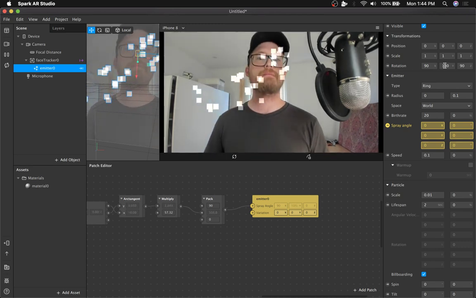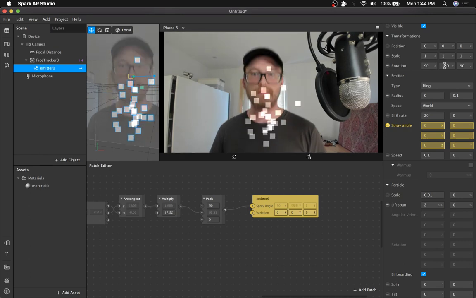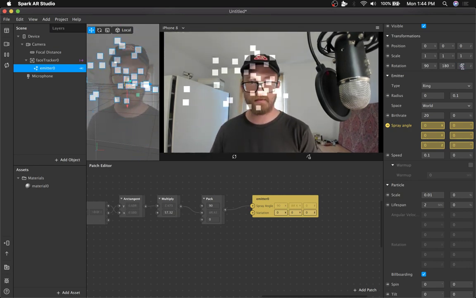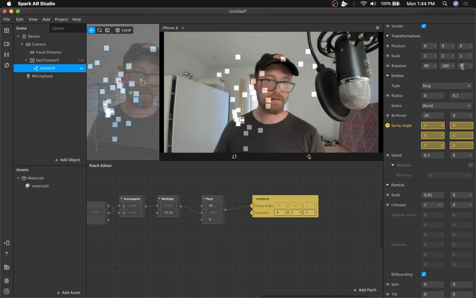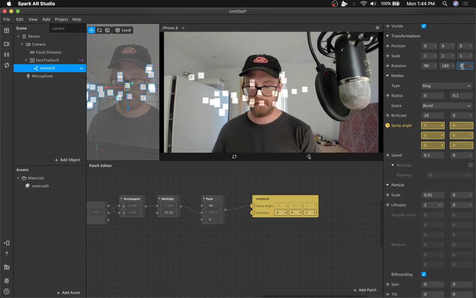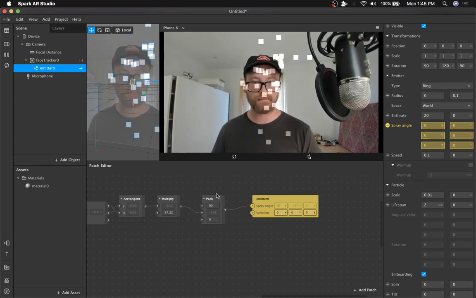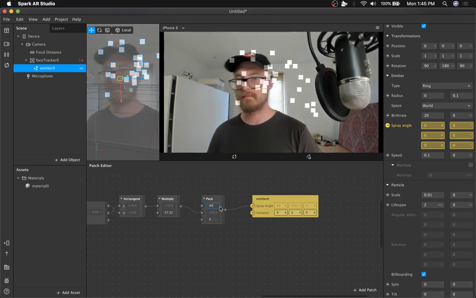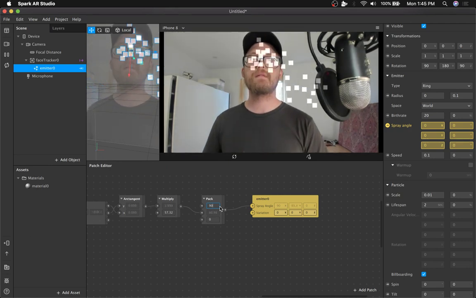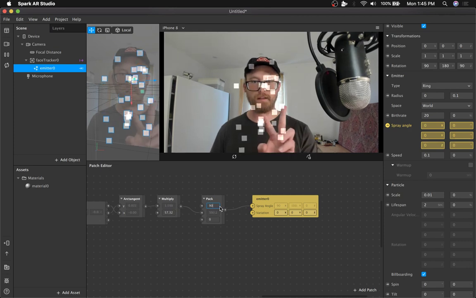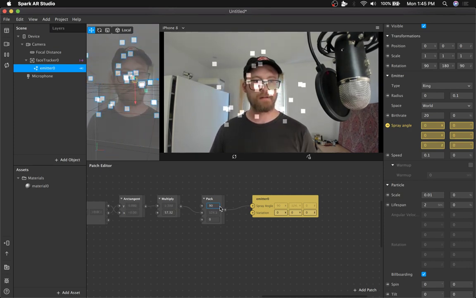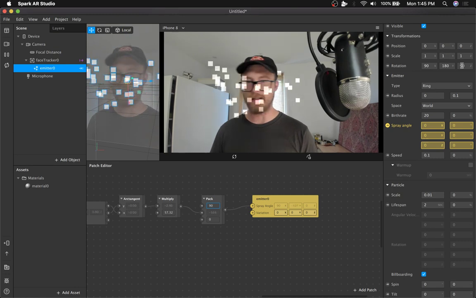Nope. Okay, up and down is correct. So it seems like I need to rotate 180 on the z-axis.